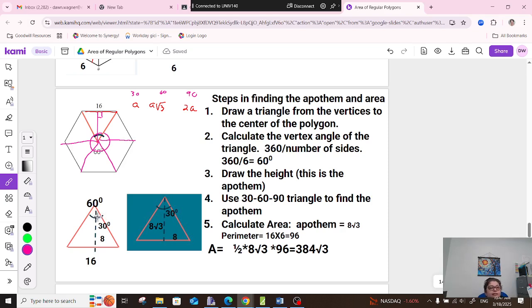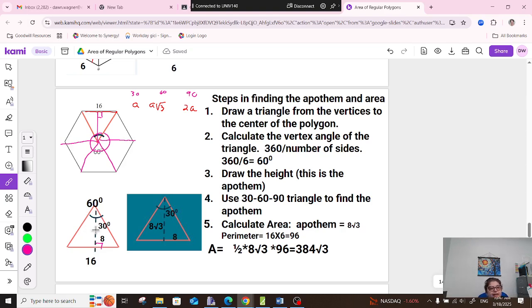So what is 360 divided by 6? 60. I don't use the whole triangle though. Because I'm looking for this height, I'm actually cutting this triangle in half. What's half of 60? 30.